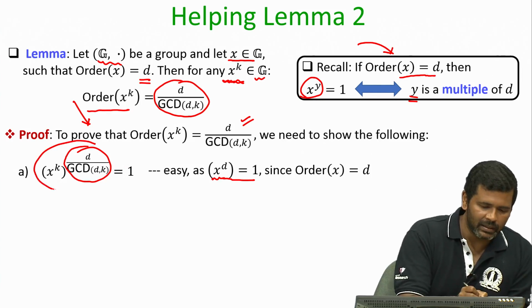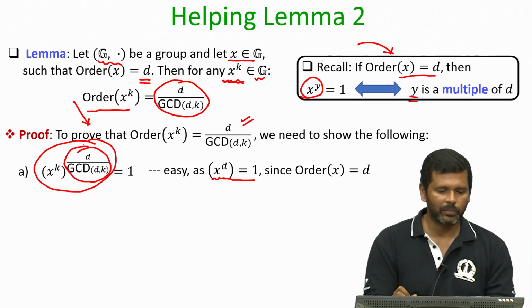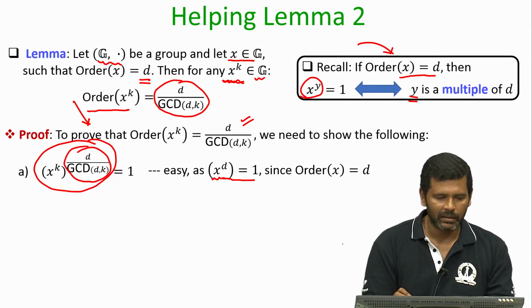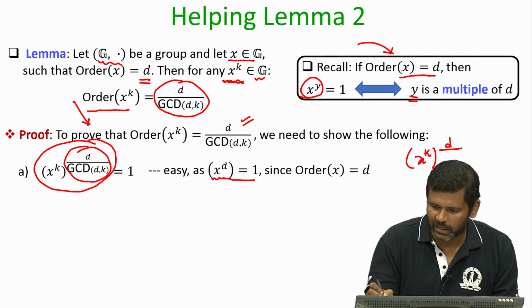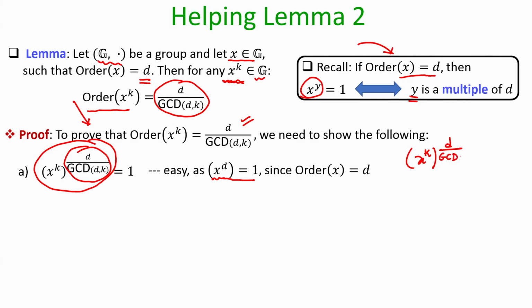Then I can say that the element x power k raised to this power will give you the identity element, right, because if I take x power k raised to power d over GCD of d and k, this is the same as x power d whole raised to the power k over GCD of d and k, and x power d is the identity element. Identity element raised to any power will give me the identity element, right. So, this is trivial.